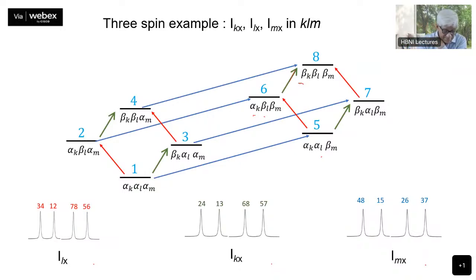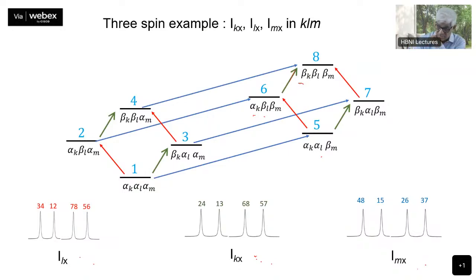Therefore, we term this the X magnetization of the L spin in phase with respect to K and M. Similarly, this is the X magnetization of the K spin in phase with respect to L and M, and this one is the X magnetization of the M spin in phase with respect to K and L.